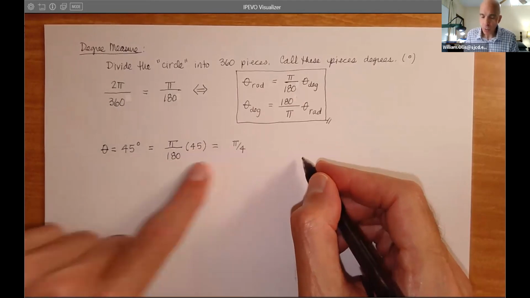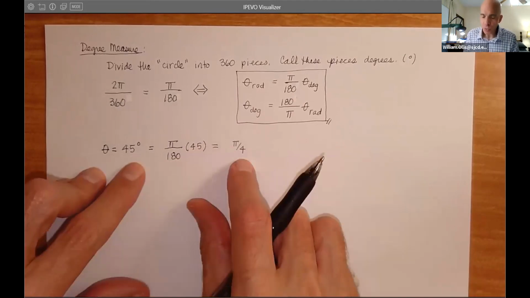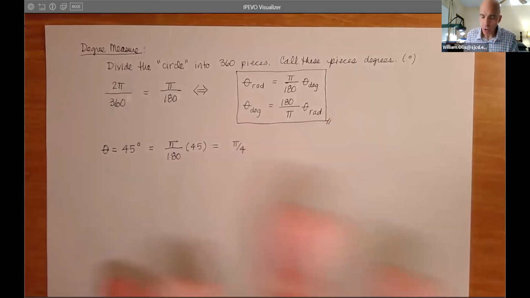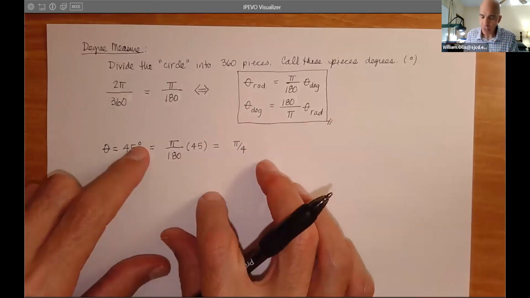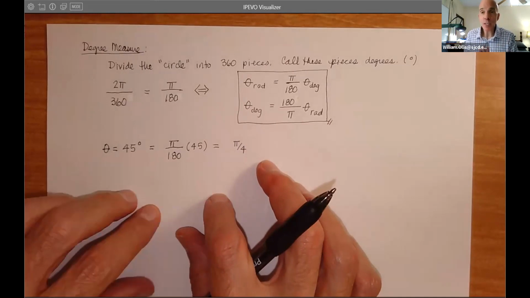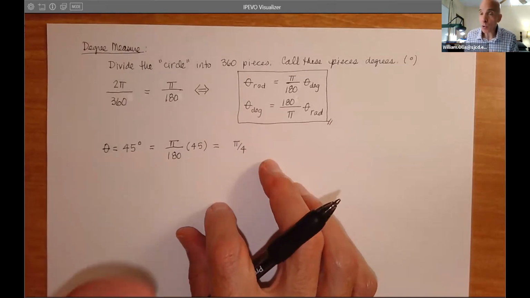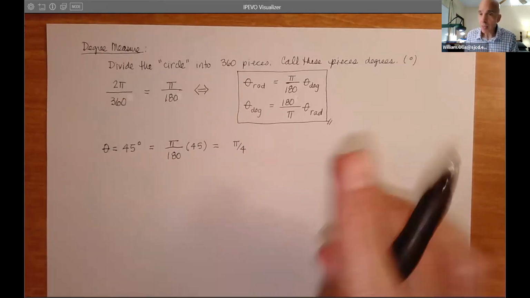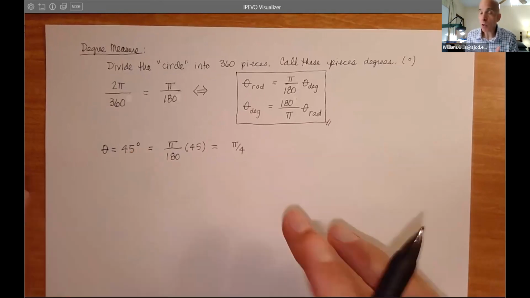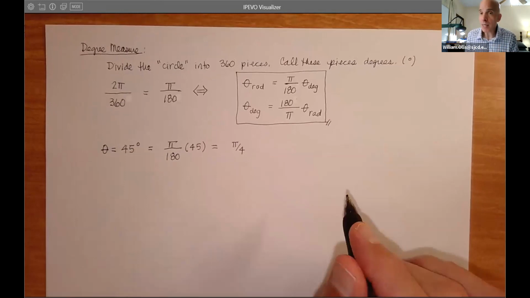In order to make this all work, we will often have to put the degree symbol here, just so you know this is not radians. Someone might write out the word degrees, but usually it'll be 45 with the degree symbol. We'll say pi over 4, and the assumption will be radians.